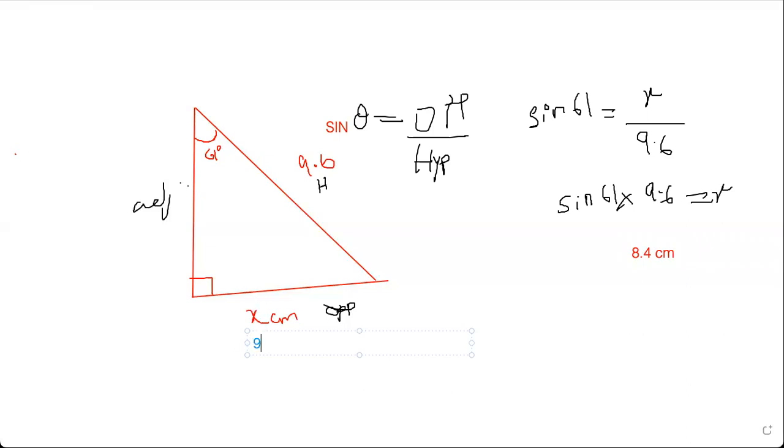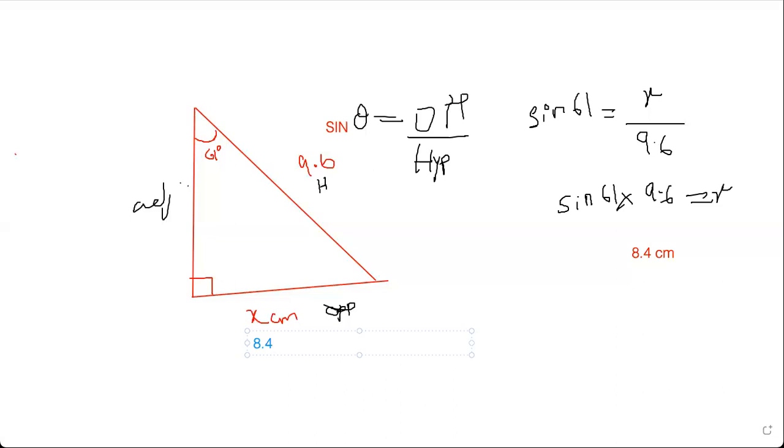Now you have to check one more thing. 8.4 is the value of the opposite. For the hypotenuse, we need to remember two things. Number one, the hypotenuse is the side which is always opposite to the 90-degree angle. The other thing is the hypotenuse is the longest side of the triangle.